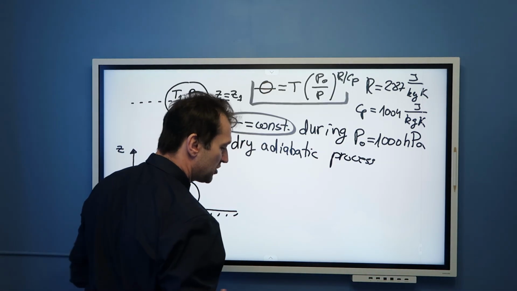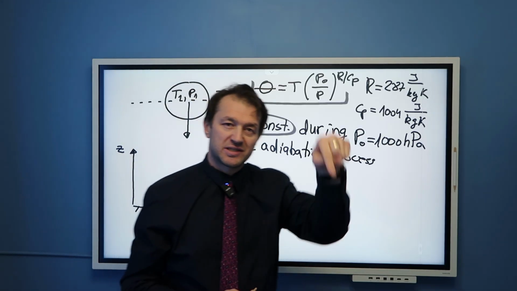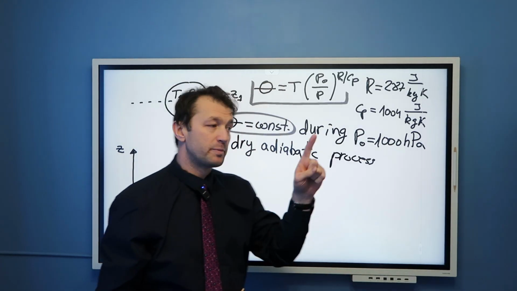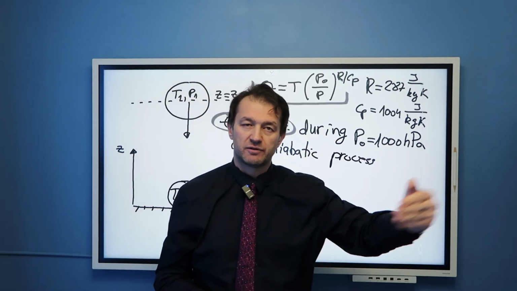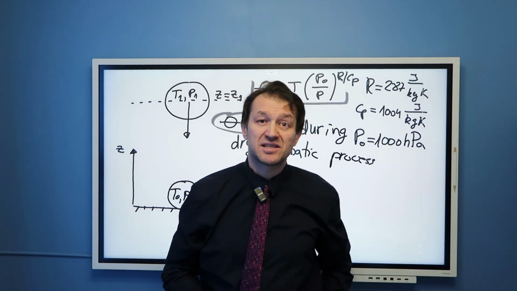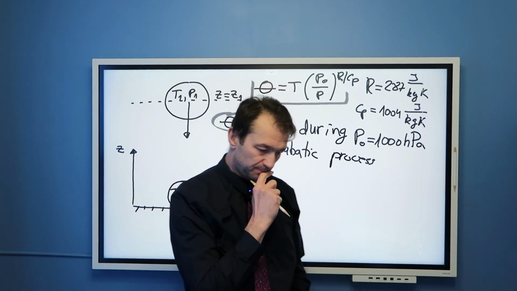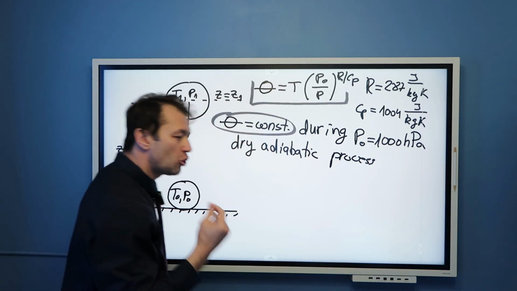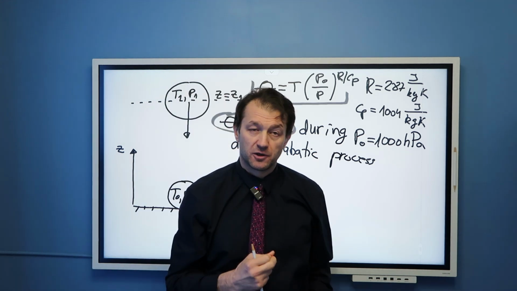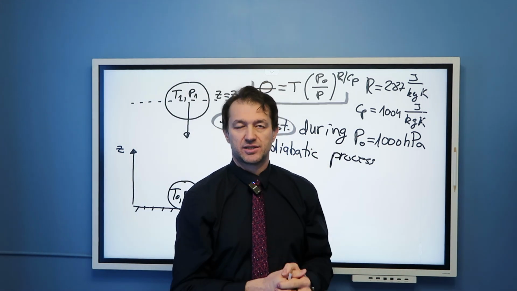We calculate potential temperature, and if the process is adiabatic, more precisely dry adiabatic, then this quantity will be conserved, will be constant, and that's my tracer for the air parcel. So that's one way why this is so useful. It is a tracer, a very good tracer.